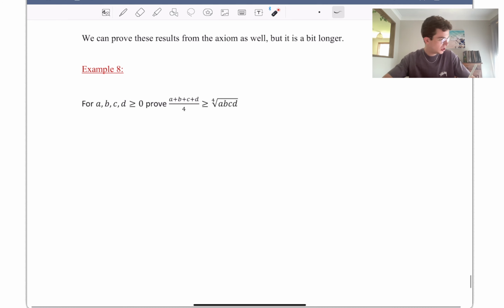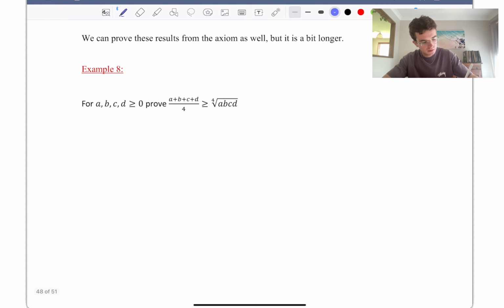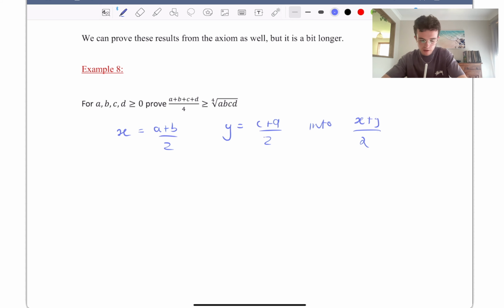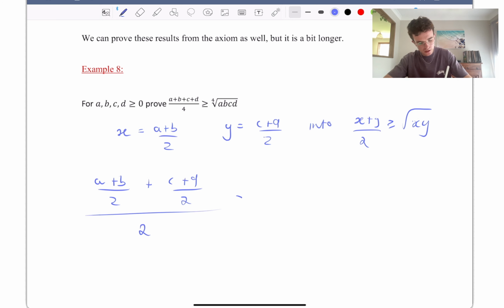So we're going to substitute in x being a plus b on 2 and y being c plus d on 2 into x plus y on 2 being greater than or equal to root xy. So a plus b on 2 plus c plus d on 2, over 2, is greater than or equal to the square root of a plus b on 2 times c plus d on 2.